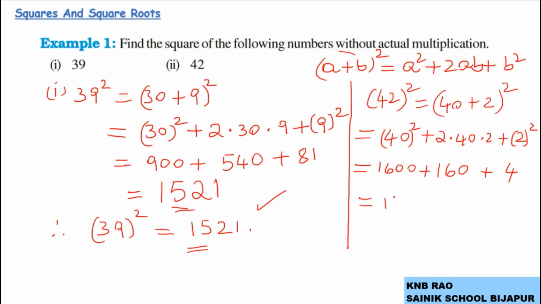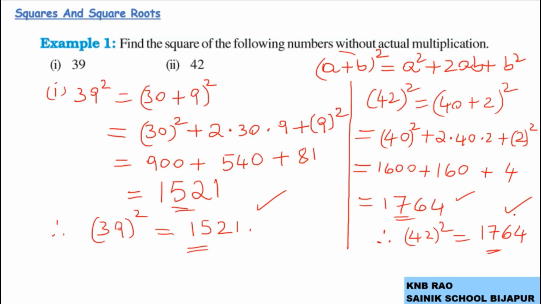Adding them, 1764. Therefore 42 square is 1764. So this is how we find the square of a number without actual multiplication.